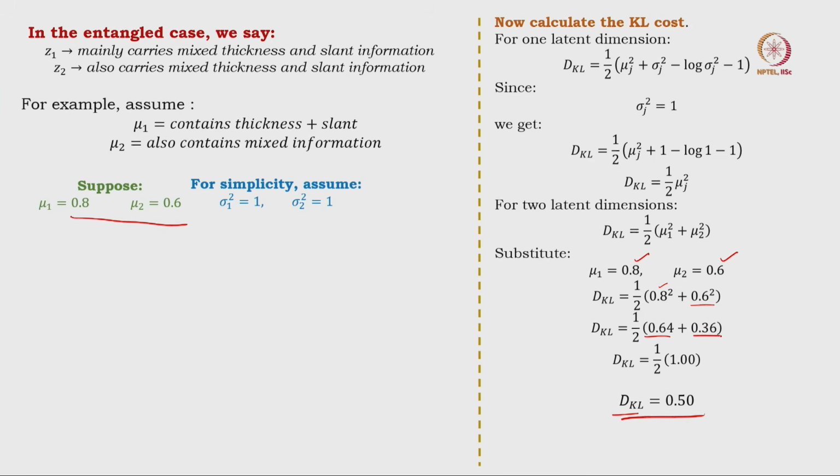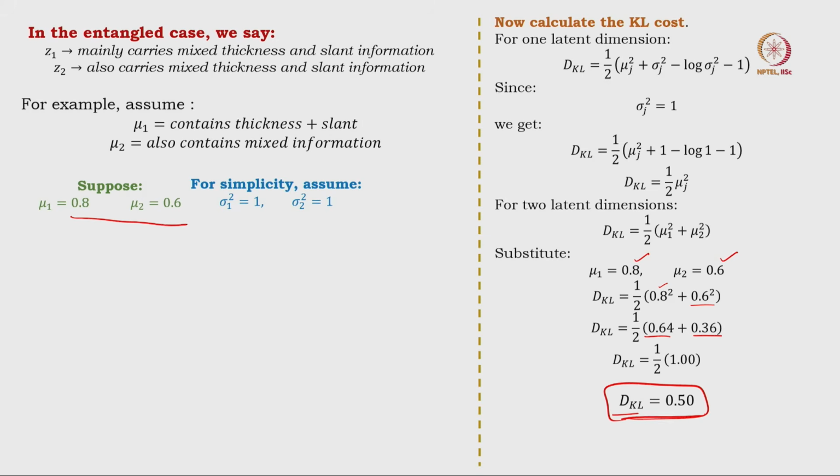Add up these two, and the KL divergence value is large. When the KL divergence value is large, what are we understanding? Here it is 50% of it. Is it not that the encoder mean is far from the prior distribution? Now, how can you say it is far from the prior distribution?